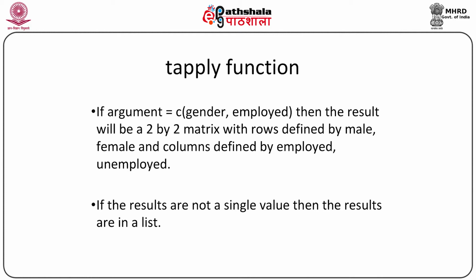For example, if the argument indices is a vector of gender and employed, then the result will be a 2 by 2 matrix with rows defined by male, female, and the columns defined by employed and unemployed, that is the 2 categorical variables.